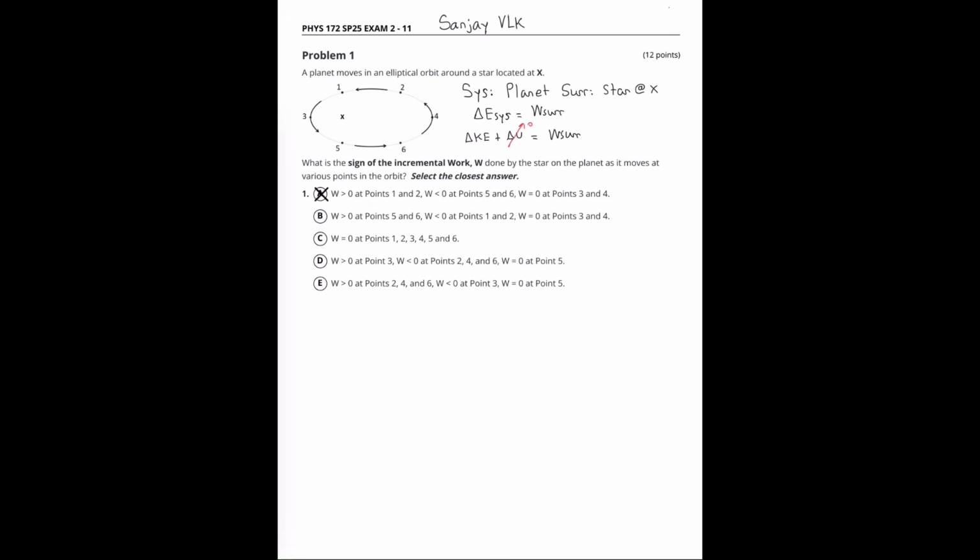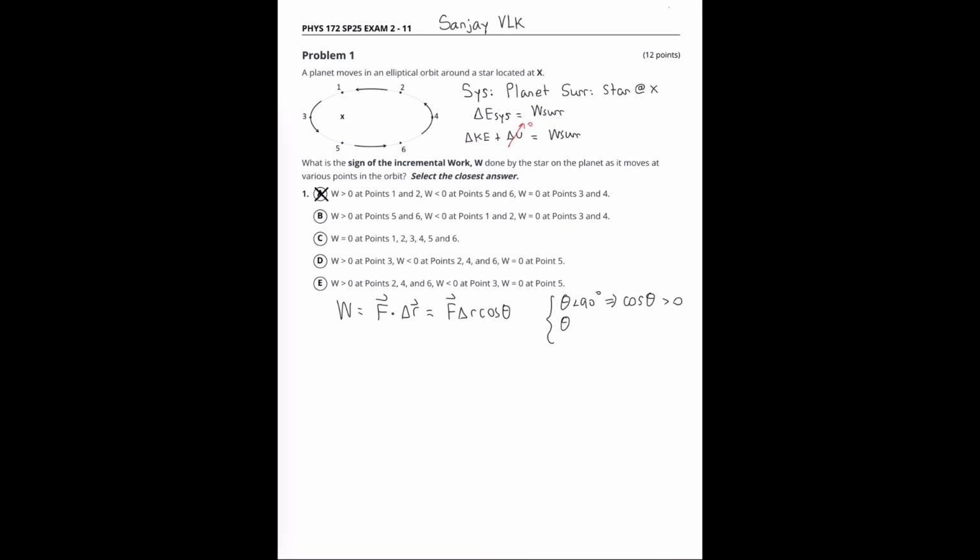So now we need to recall our definition of work. Work is equal to force times distance, so F times the change of R, which is equal to F times delta R cosine theta. And we know that when theta is less than 90 degrees, cosine theta is greater than 0.